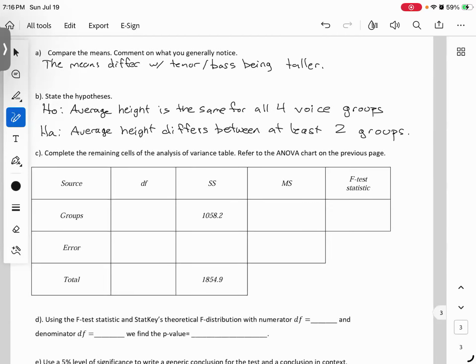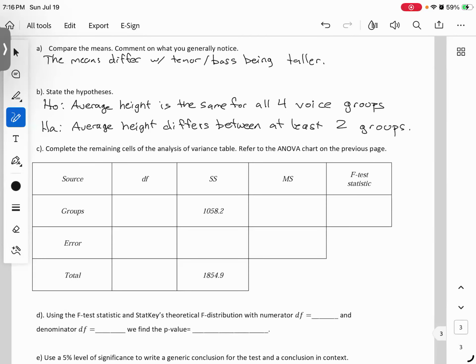Now, the reason why I'm doing a second example, one, because again, I want to make sure that before you leave this lecture that you feel pretty good, as comfortable as you can with the procedure. But secondly, when it comes to the test, you will not be required to hop over to Stacky to go and grab any of this information. Now, in the homework, you will need to, specifically for this column there.